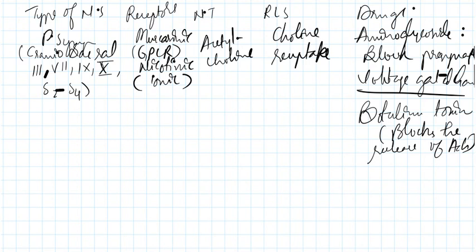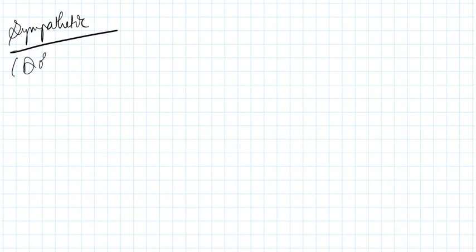Now we will discuss sympathetic. What is the outflow here? Dorso-lumbar outflow. Dorso-lumbar outflow means T1 to L2 or L3.